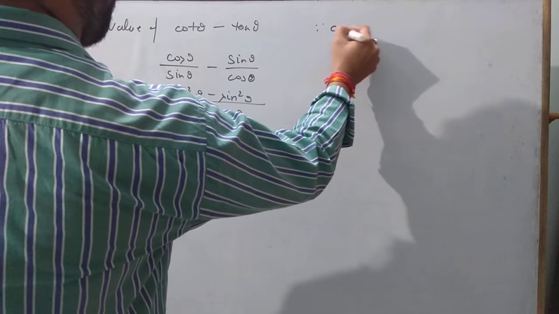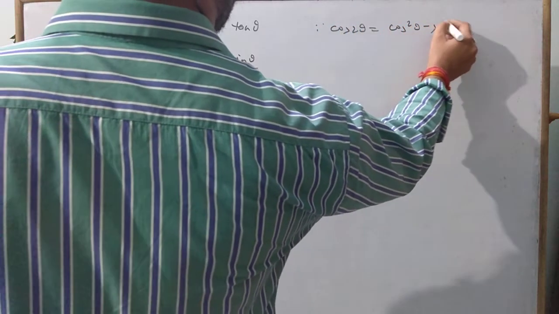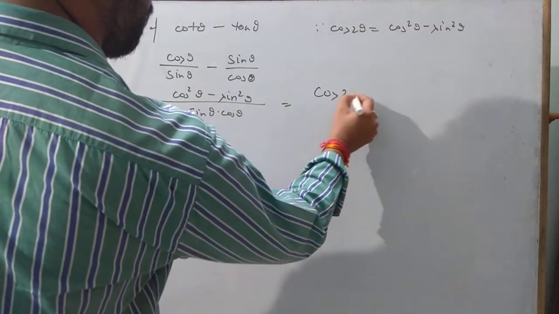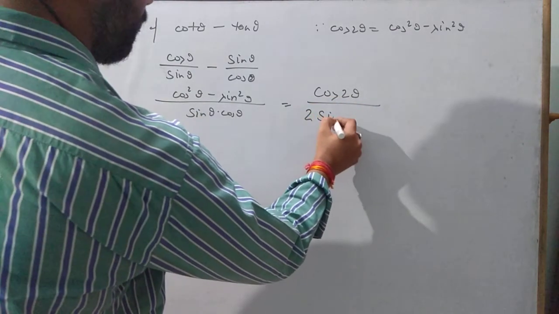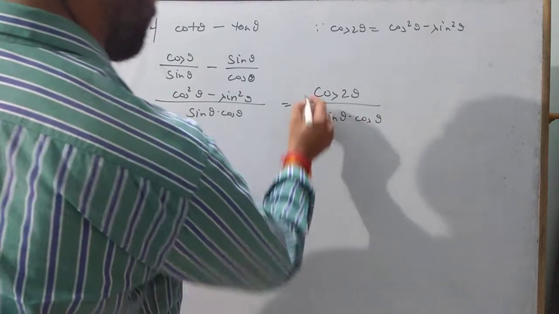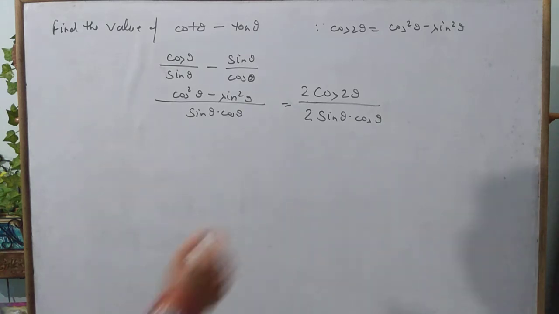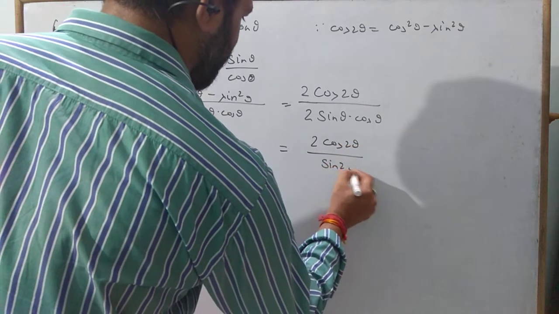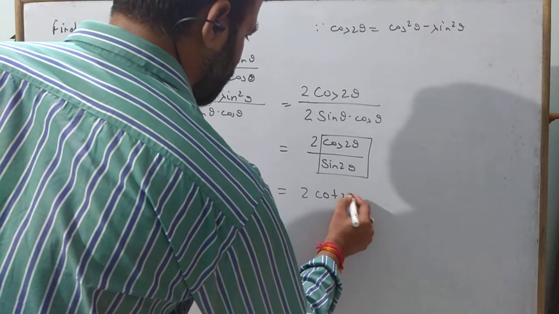Since we know that the formula of cos 2 theta is cos square theta minus sin square theta, in place of this we can write cos 2 theta upon sin theta cos theta. Multiply by 2 and divide by 2. So 2 cos 2 theta as it is, the denominator becomes sin 2 theta, and this forms 2 cot 2 theta.